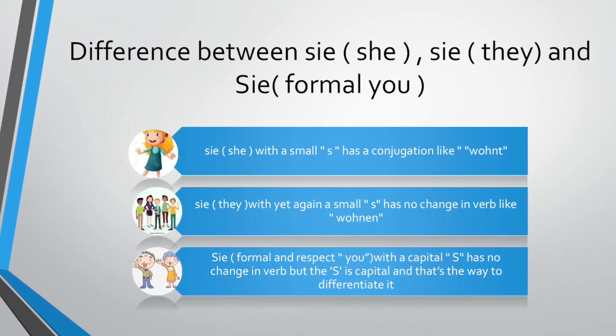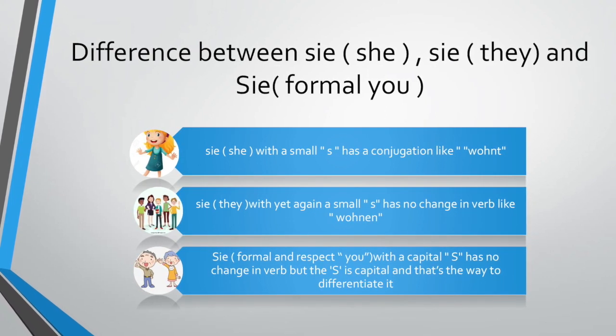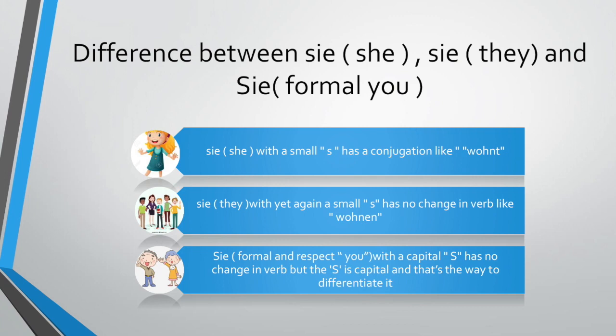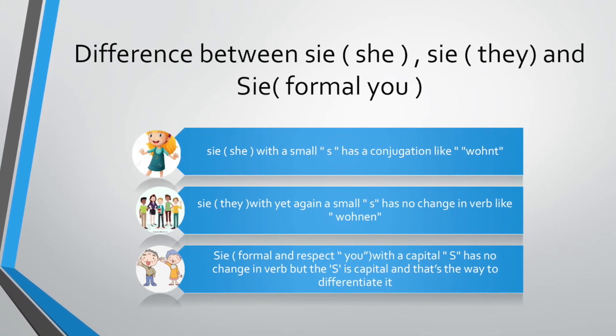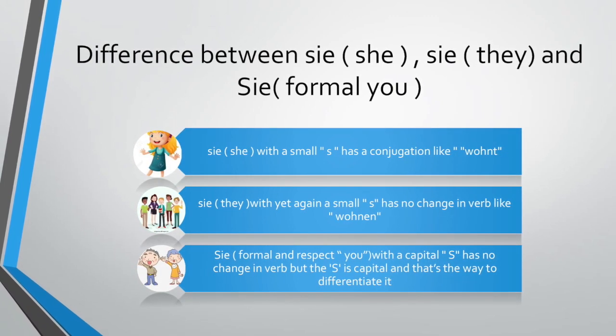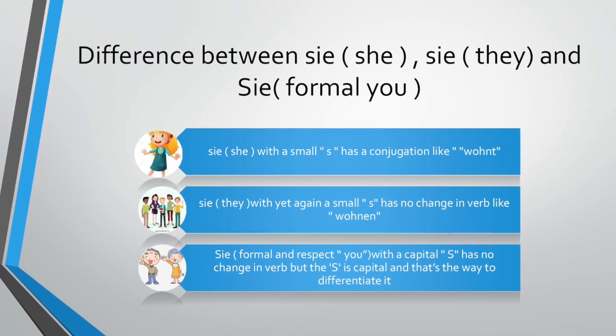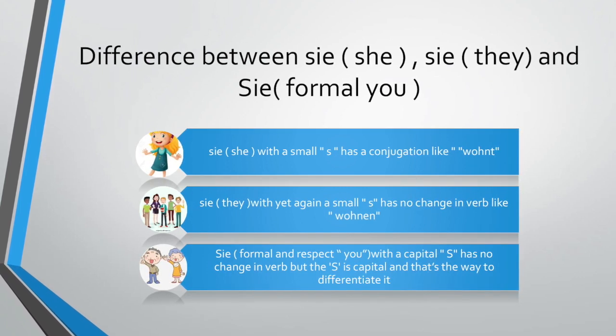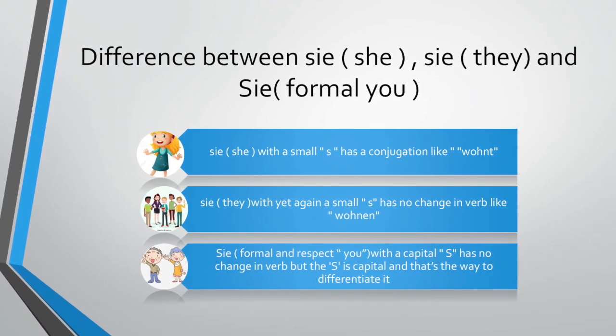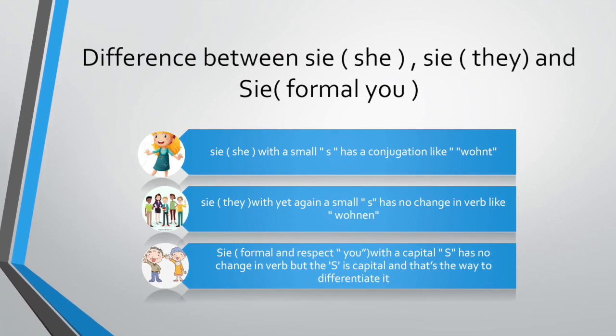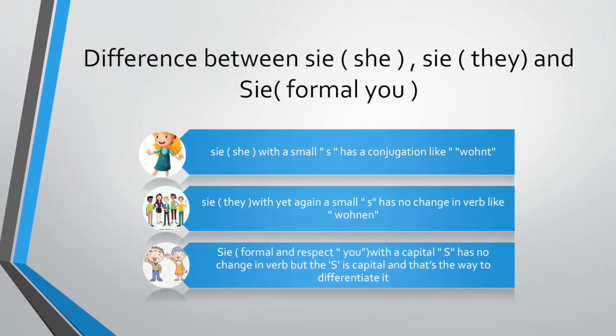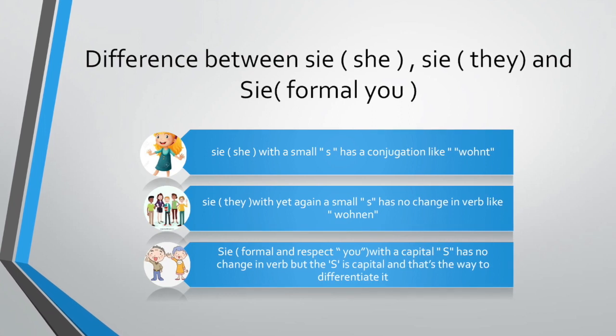And the third Sie, which is the formal you with a capital S, has no change in the verb, but the S is capital, and that's the way to differentiate it. So the conjugation will differ, and that's the only way to identify between these three sie's.